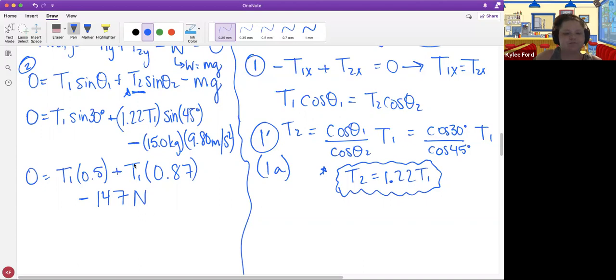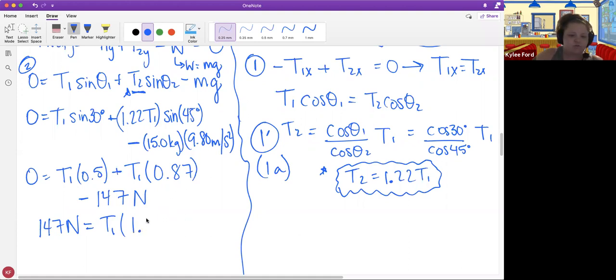So then I can add those two, and I can actually pull this to the other side. I'm going to go ahead and do that. So I'm going to have a positive 147 newtons equals T1 times 0.5 plus 0.87.